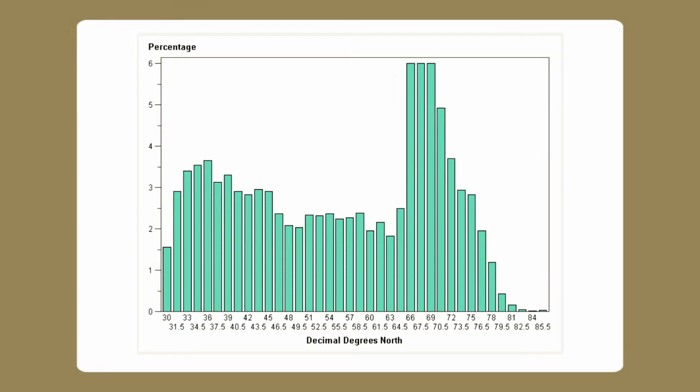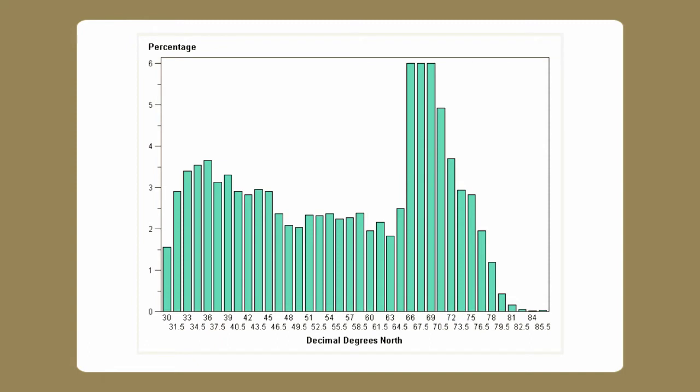From the Mars crater dataset, we also display the latitude of the Mars crater's rims. The values are concentrated around 66 to 69 decimal degrees north, and again around 36 decimal degrees north.